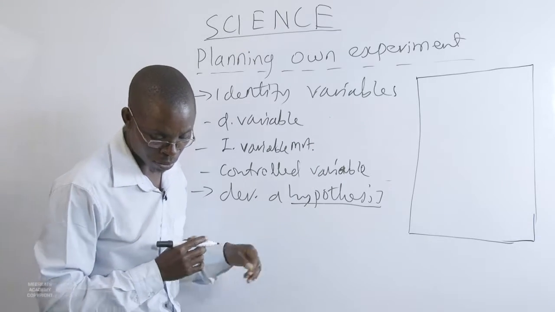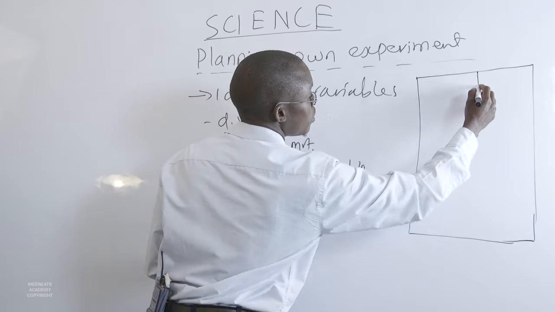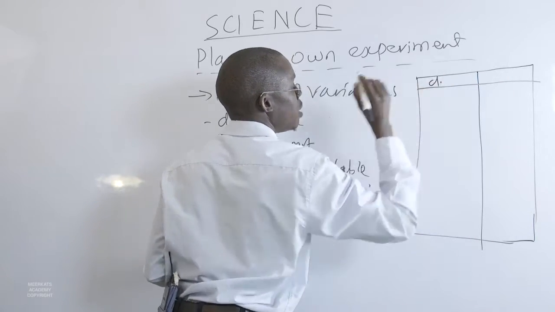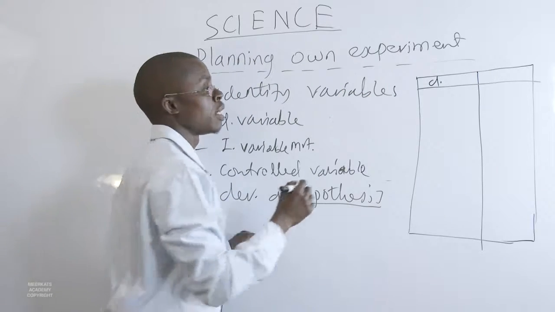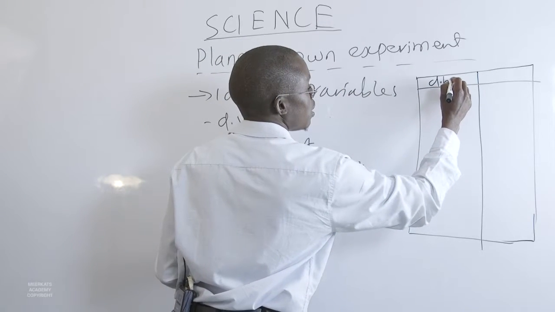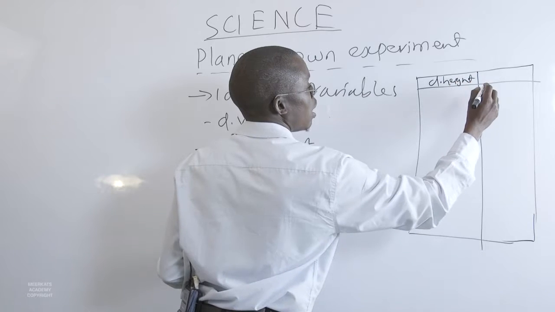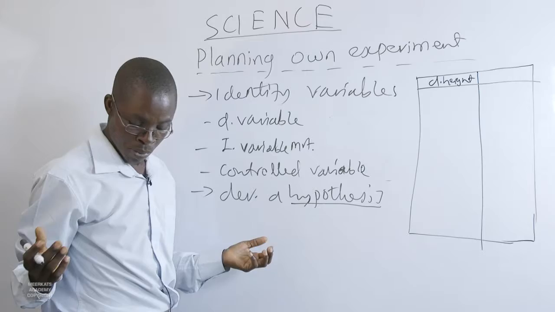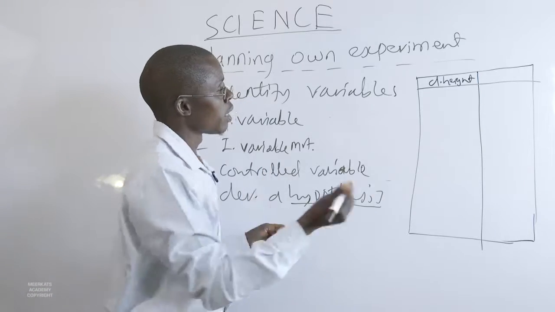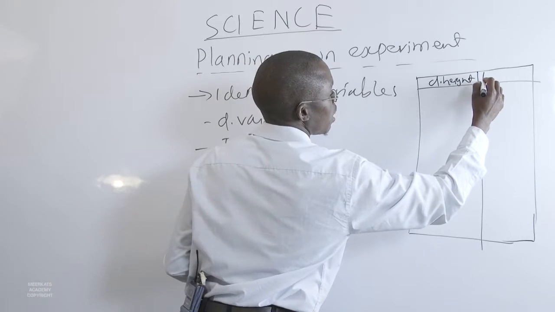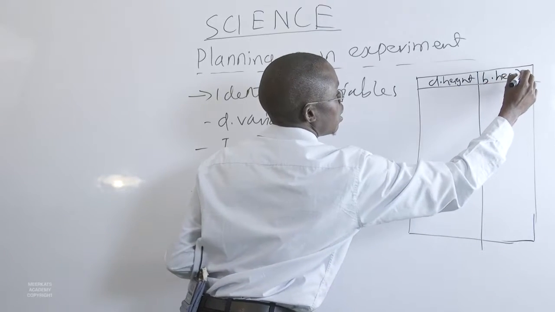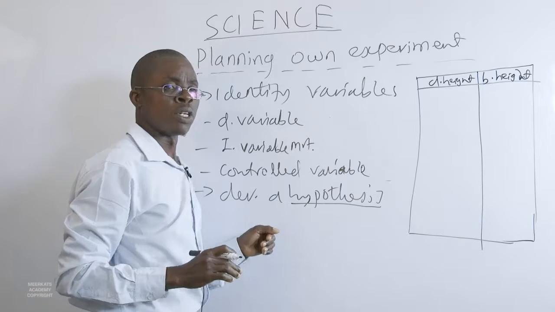So in table form, we can have D to represent dropping height, and we can use a letter like B, as an abbreviation for bouncing height. Why are we doing this?